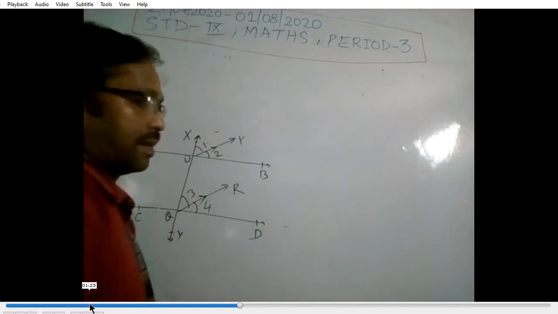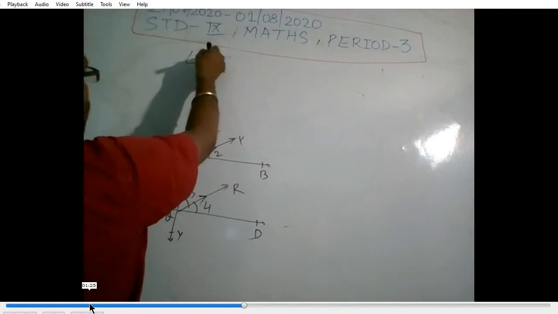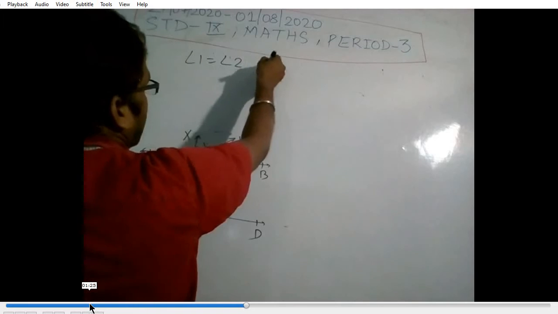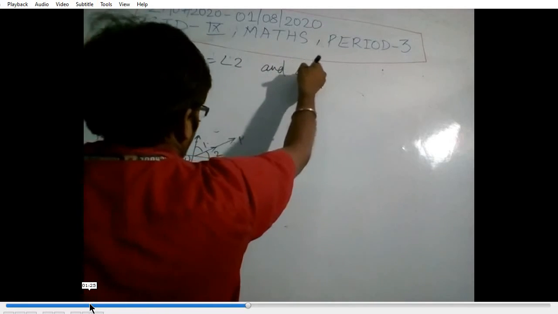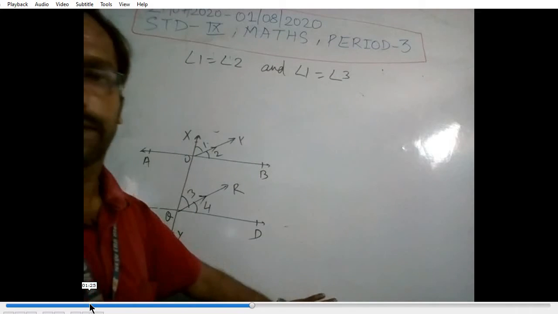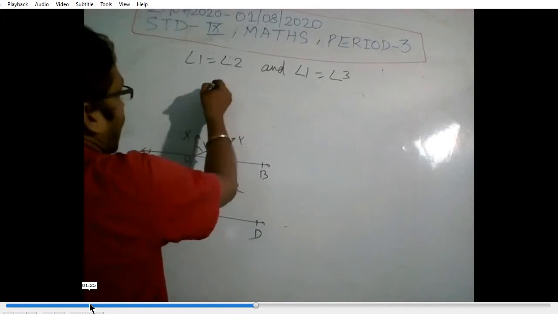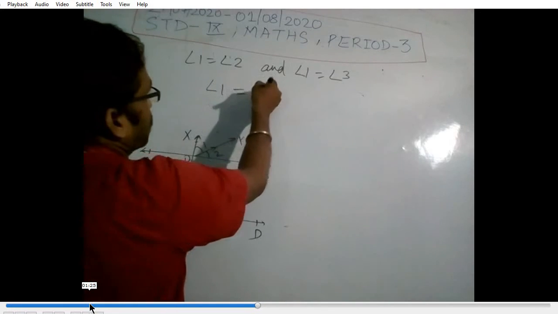So now we start our solution here. So what was given? Angle 1 is equal to angle 2 is given, and angle 3 is equal to angle 4 is given. And then angle 1 is also equal to angle 3. It is given in the question that they are equal. So angle 1 is equal to angle 3.